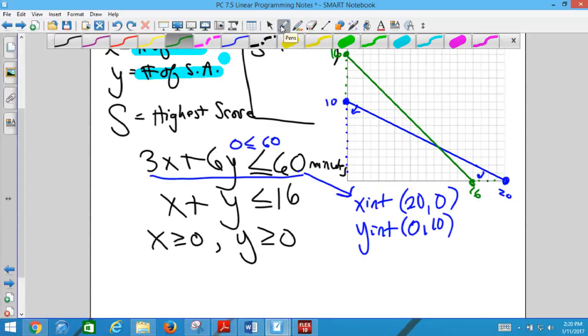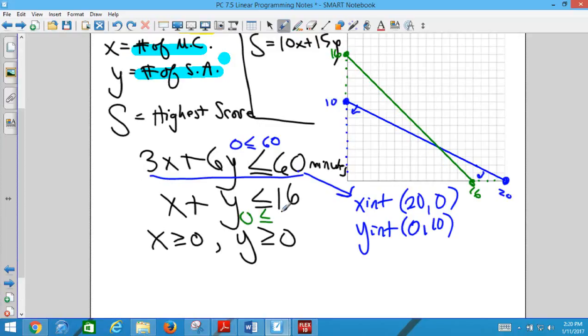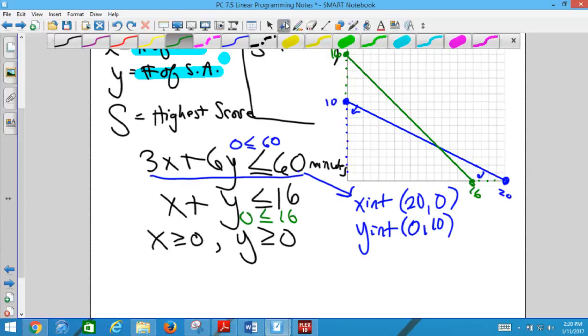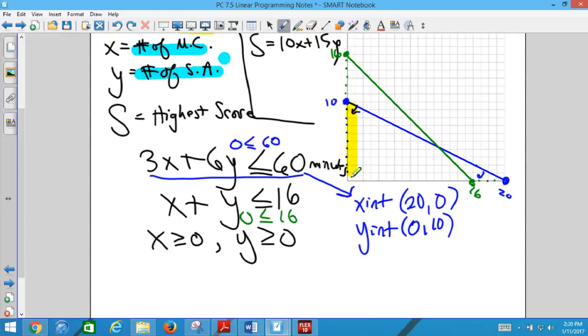And then check 0, 0. Can we shade 0, 0? Yes. So then from there, you know that you have a quadrilateral region.